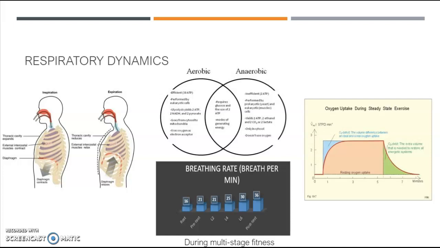In less demanding exercise such as walking, swimming, or light cycling, there will be a lower level of lactate because the anaerobic system isn't used, which doesn't need oxygen but produces lactic acid.